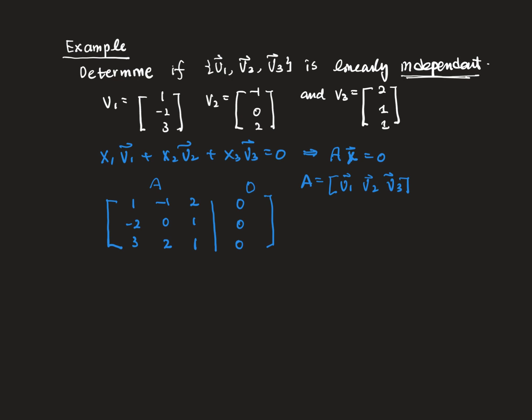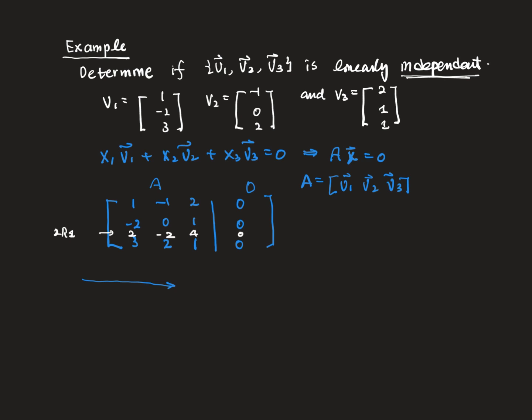I'm not going to go into detail on the row operations to reach echelon form; I'm going to speed up a little. Take 2 times R1, which is 2, negative 2, 4, 0.